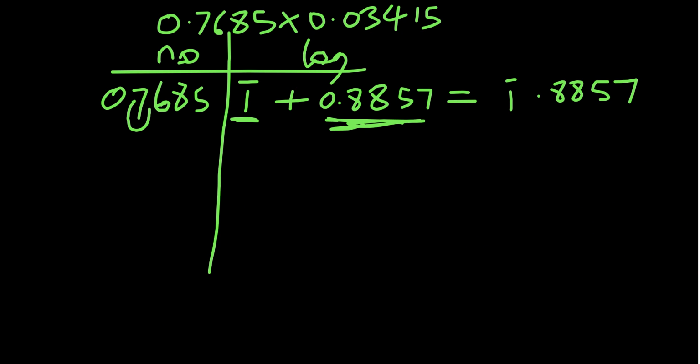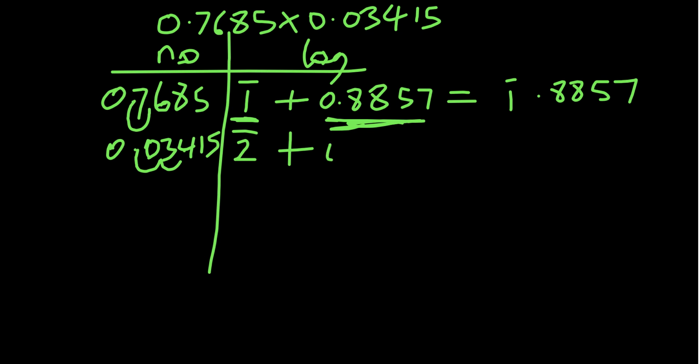Okay, so you may want to look for the second number, which is 0.03415. If you want to convert it to standard form, you have to move it 1, 2 places. So you have a characteristic of bar 2, and you add this to the mantissa value, so you look for log 34 under 1 difference 5.